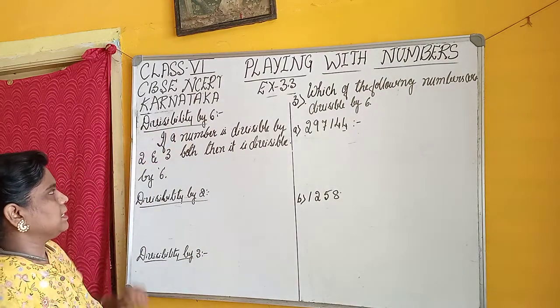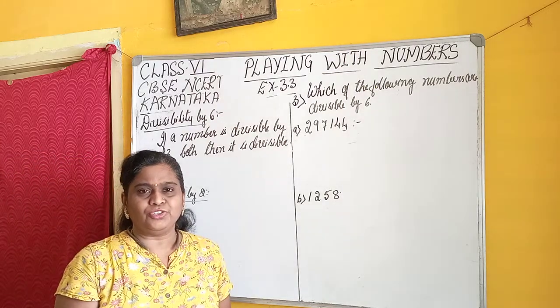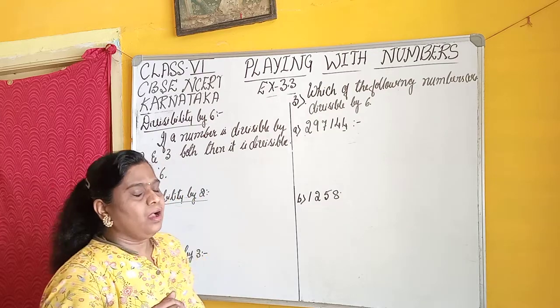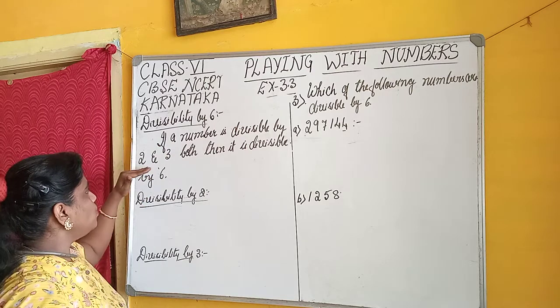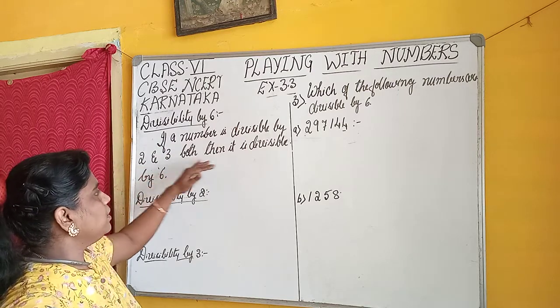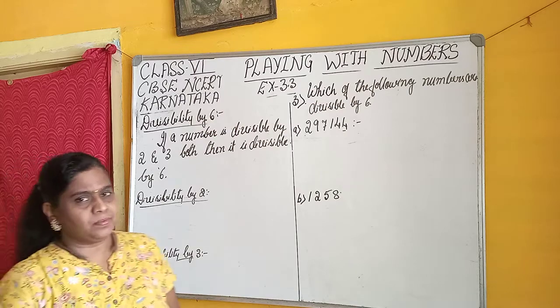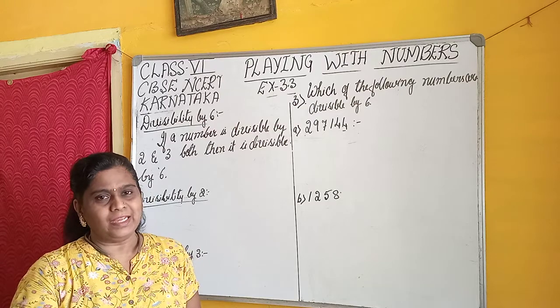Divisibility by 6. If any number is given, how can it be checked that the number is divisible by 6? If a number is divisible by 2 and 3 both, then it is divisible by 6.